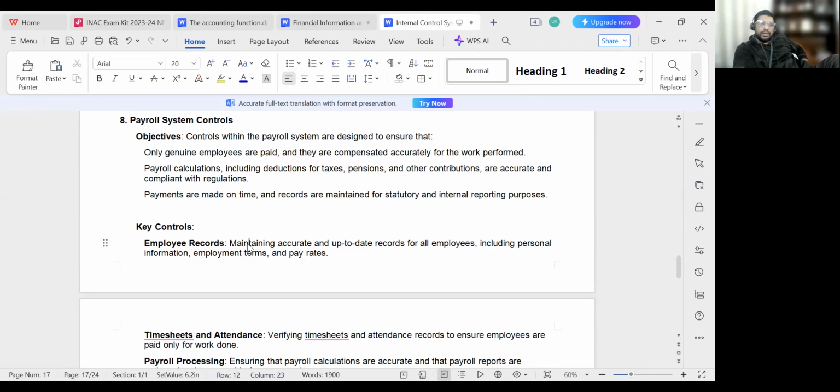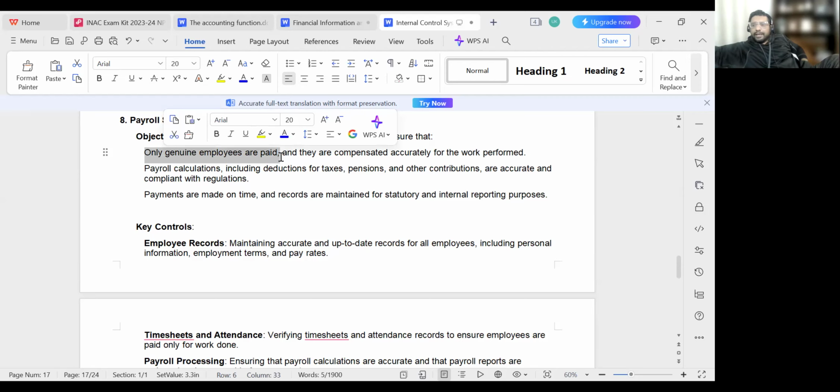What can go wrong in payroll systems? So only genuine employees are paid. There is a possibility that some fictitious employees are added in the payroll, and someone is getting paid even though they are not actually real employees.